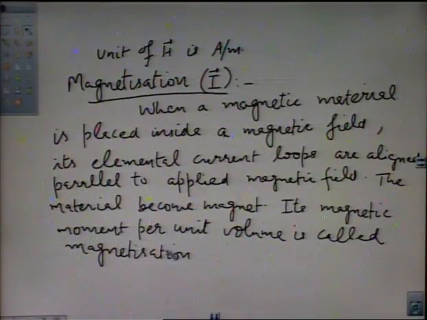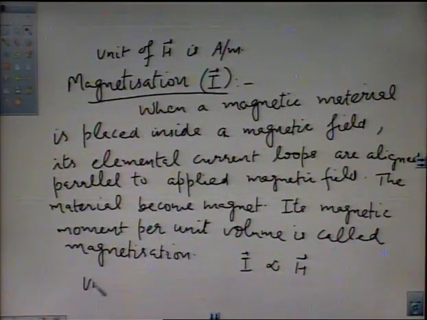So when we place a given material inside a magnetic field, the current loops are aligned along the magnetic field. So the material becomes a magnet, and its magnetic moment per unit volume is called magnetization I. So I is directly proportional to H. The more the magnetic intensity, the more the magnetization.